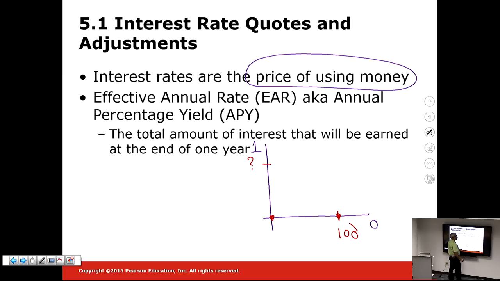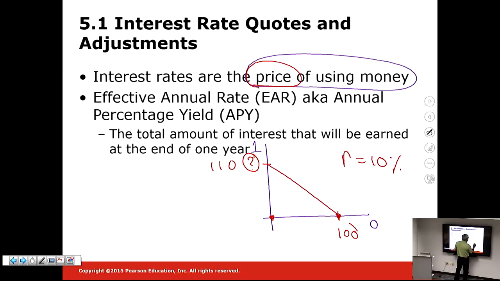What would I be able to consume tomorrow, a year from now, if I do not consume anything today? And the answer will depend upon this price of money. What is the rate at which I am exchanging today's consumption for tomorrow's consumption? If that rate of exchange is, let's say, 10%, then this consumption tomorrow would be 110.